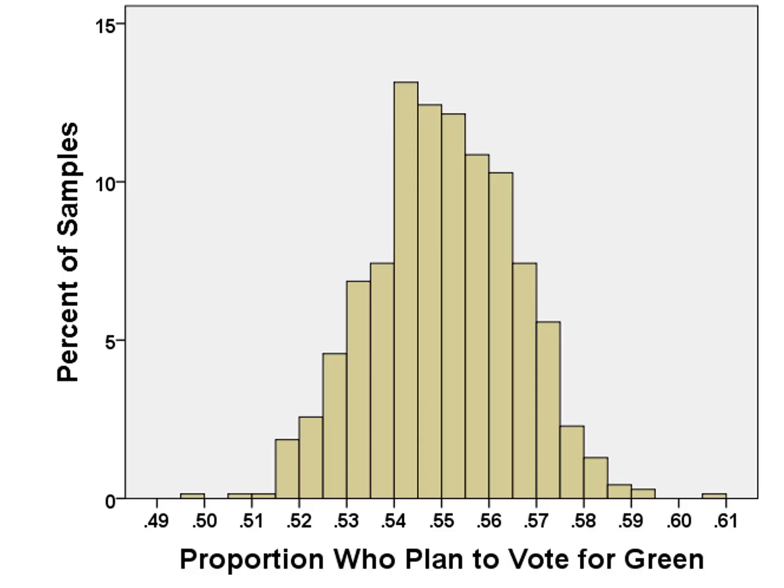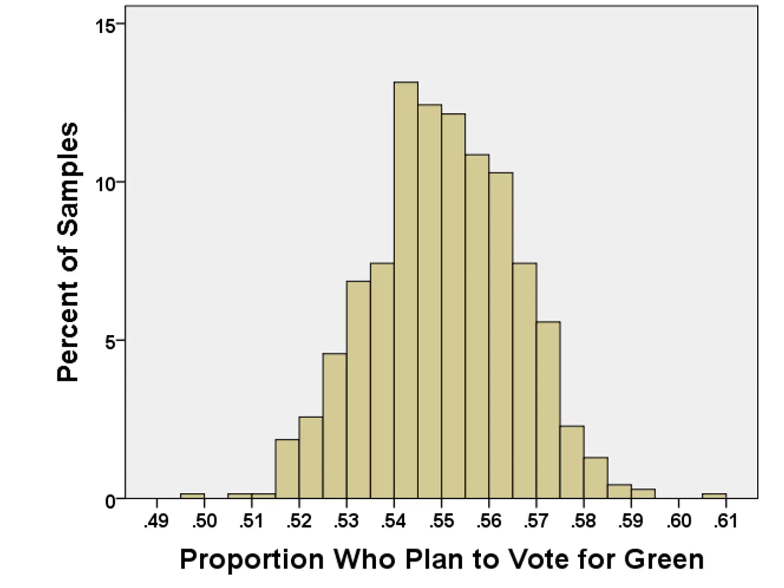A sampling distribution looks a lot different from the previous 2 distributions. It looks very different from the sample distribution and the population distribution, and the reason for that is because the sampling distribution is about the samples rather than the individuals. The sample distribution showed the proportion of individuals in a sample who plan to vote for Christina Green.